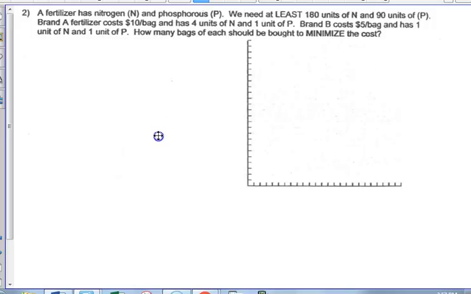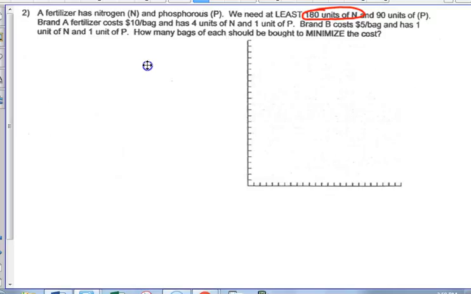All right, we're going to talk about fertilizing the yard. Every fertilizer that we're looking at buying has some nitrogen and some phosphorus in it. We need at least 180 units of nitrogen, okay? That means less than or greater than?